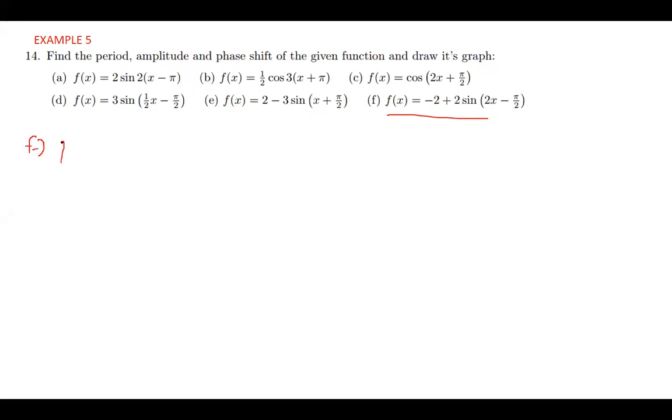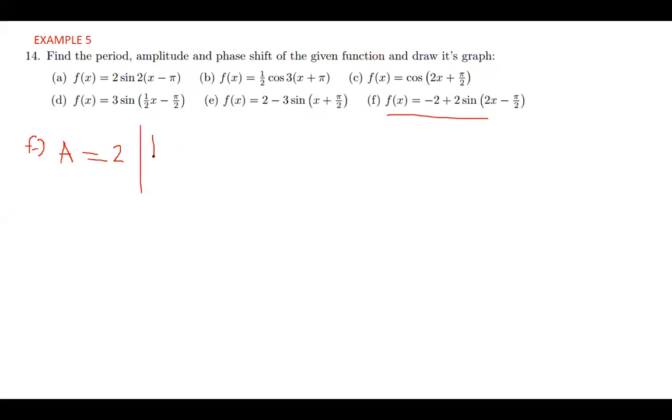So from f we start with the amplitude, which is equal to this number here, 2. So our amplitude is 2.